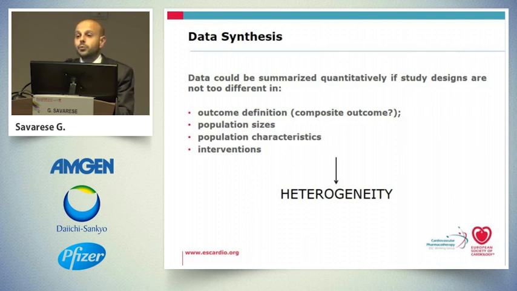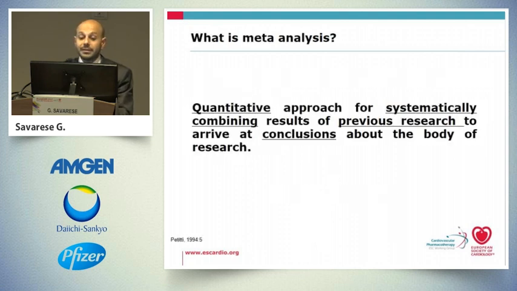If we put together studies in which just diabetics are enrolled with studies in which just hypertensive patients are enrolled, these two populations may be too different to put together. There will be too much heterogeneity. It's also important to determine if the interventions used in these studies are too different. So altogether, there should not be too much heterogeneity among the studies we are going to include in the systematic review or meta-analysis.